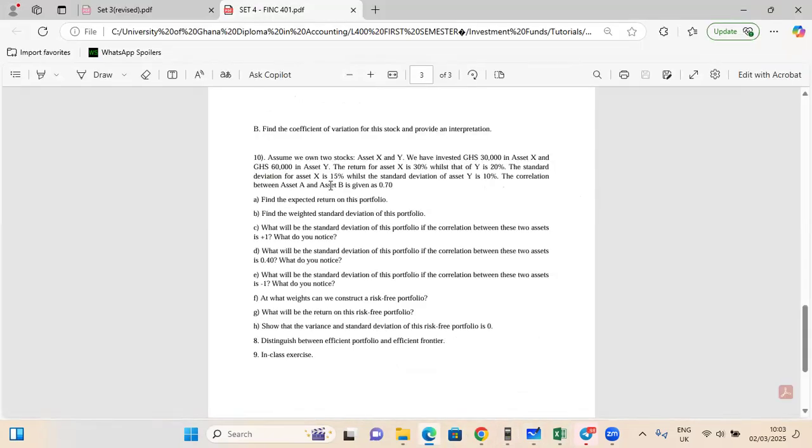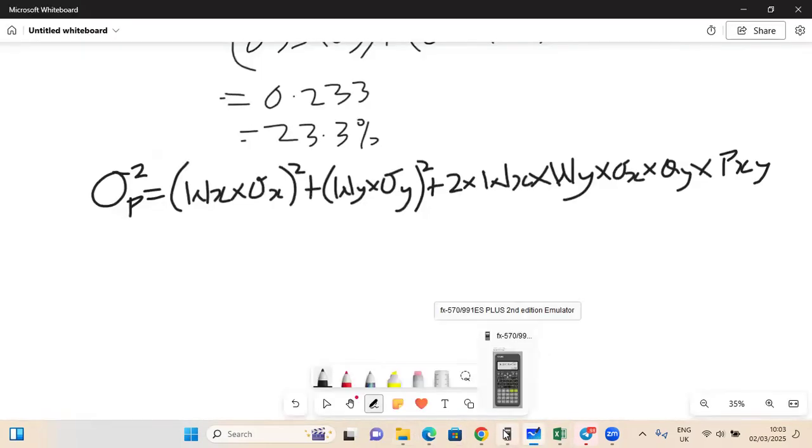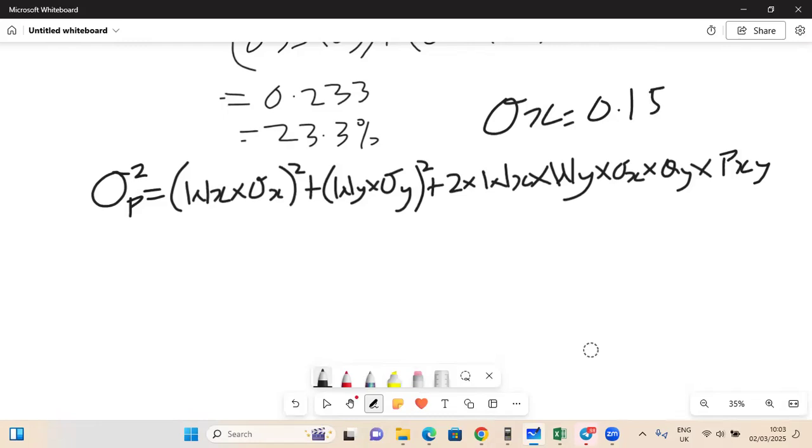The standard deviation for asset X is 15%, and for asset Y it is 10%. The correlation coefficient between X and Y is equal to 0.7.